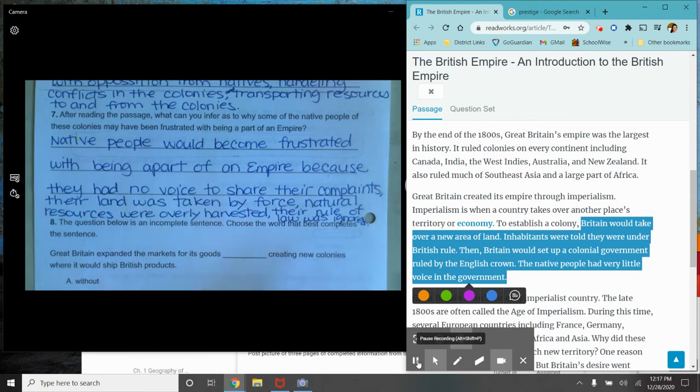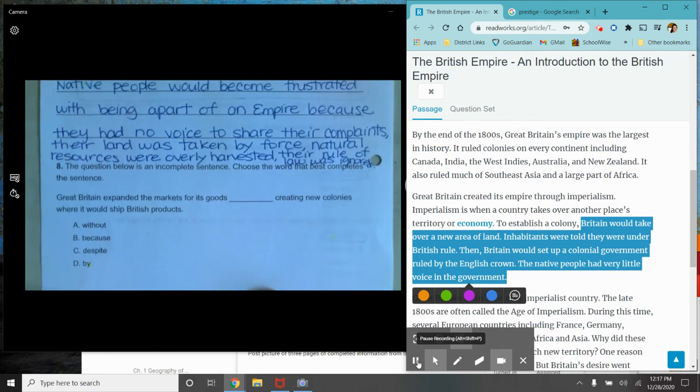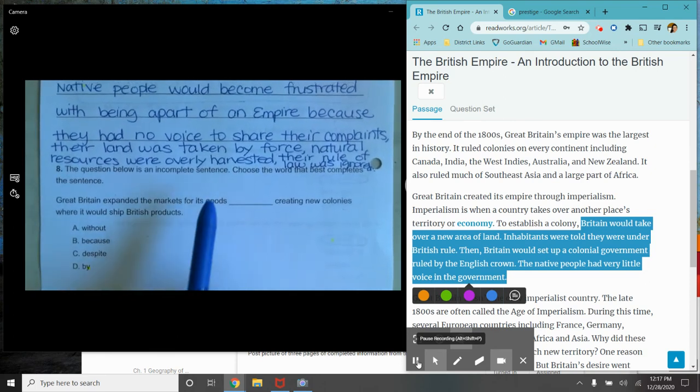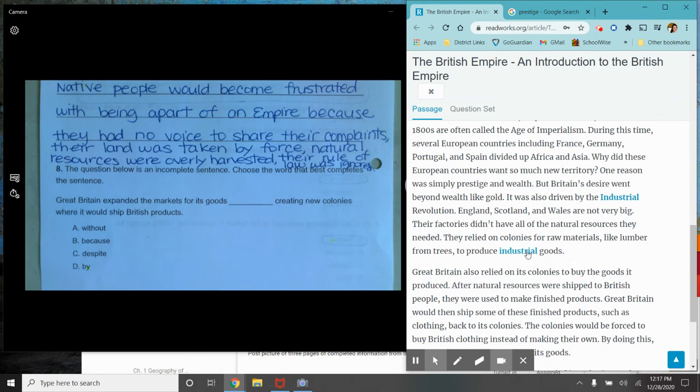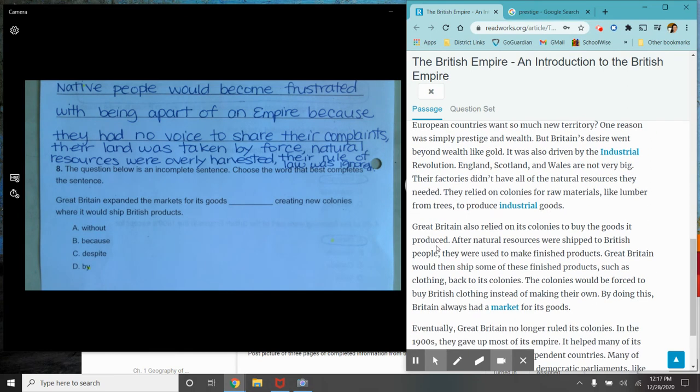It's an incomplete sentence. Choose a word. Okay, so next. Great Britain expanded the markets for its goods, blank, creating new colonies where it would ship British products. So Great Britain would ship some of the finished products, such as clothing, back to the colonies.